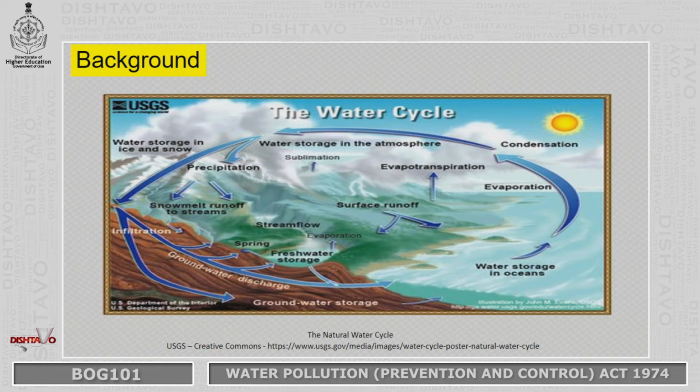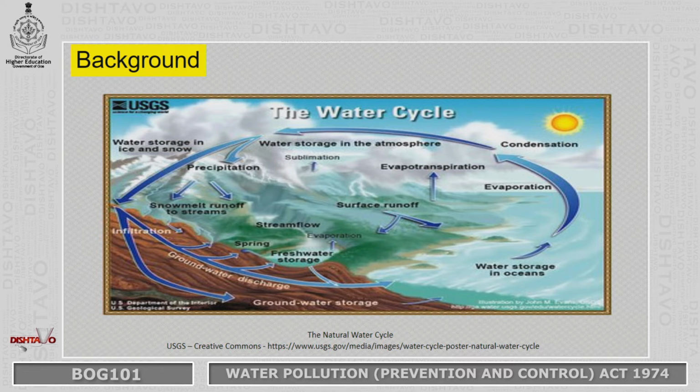Groundwater is discharged as fresh spring, or it comes as a surface runoff, and this water is used by us. And finally, this water might run into the oceans, or it might get evaporated. And we have different processes like evaporation, evapotranspiration, condensation, precipitation, and once again the water cycle continues.